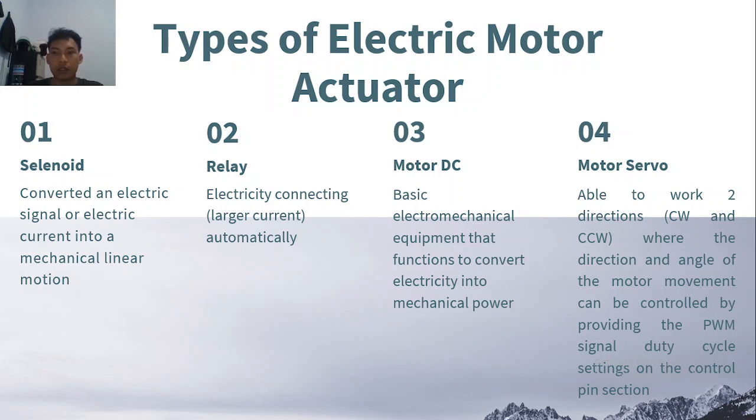Number four is the servo motor, able to work in CW and CCW directions, where the direction and angle of the motor movement can be controlled by providing a PWM signal to the control pin section.